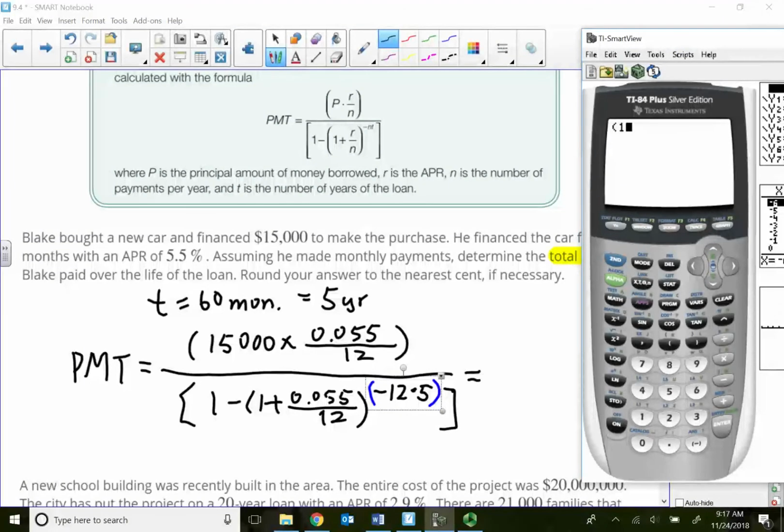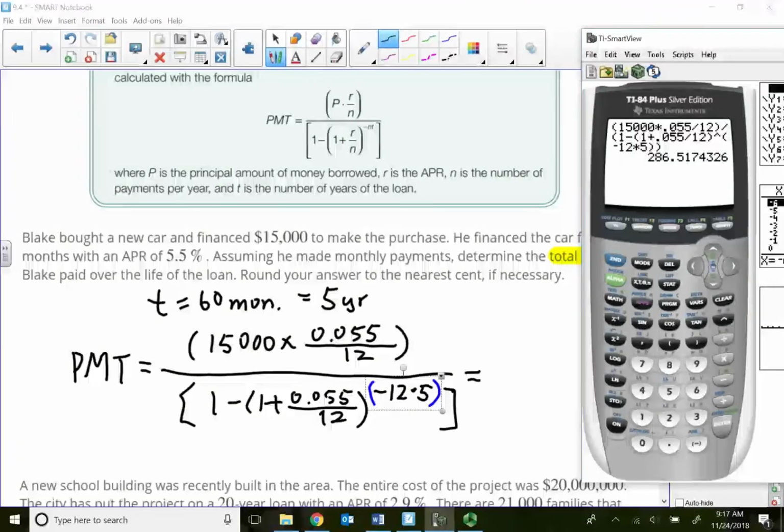Open parenthesis for the top, 15,000 times 0.055 divided by 12, close parenthesis, divided by open bracket, 1 minus open parenthesis 1 plus 0.055 divided by 12, close parenthesis, exponent, open the blue one, negative 12 times 5, close the blue, close the brackets.